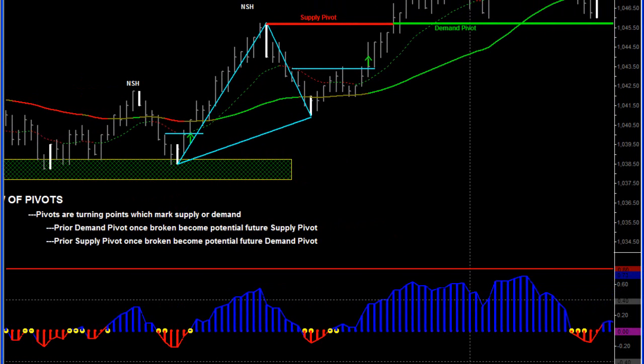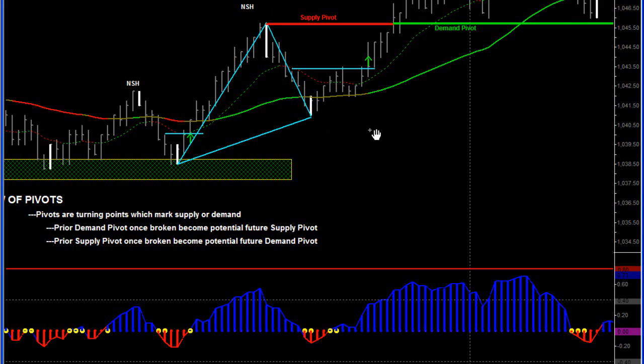So let's just move on here. New swing high, subsequent pullback. Now, one of the rules I like to use with a 1500 tick chart and a 55 EMA is the following, again in conjunction with the DMI ratio.